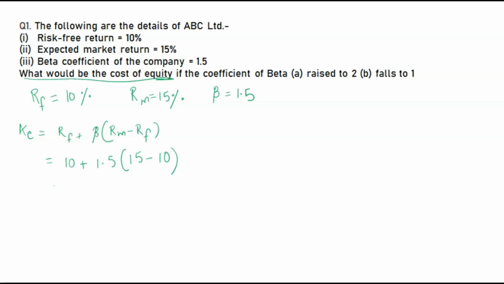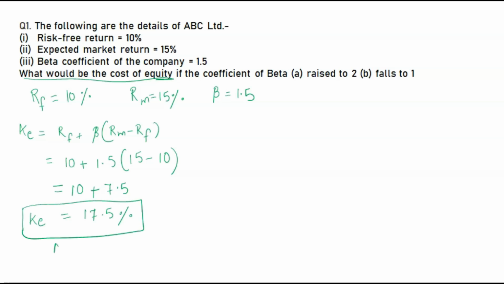When we calculate this, we simply get 7.5, which added to 10 is equal to 17.5%. Because everything was given in percentage, this will also be in percentage. So this will be the answer.